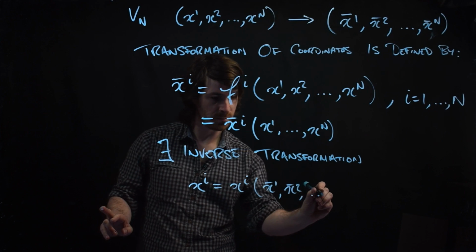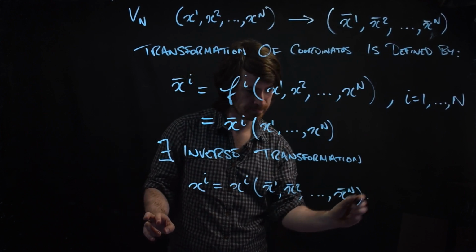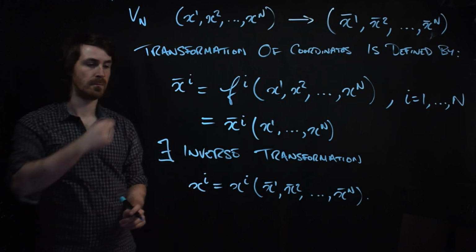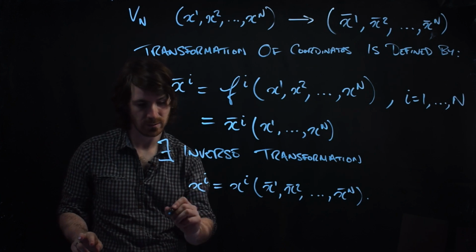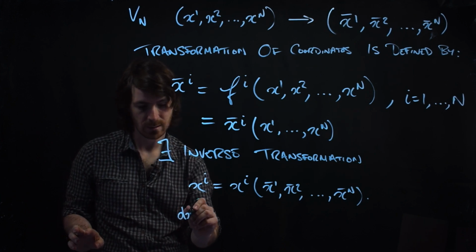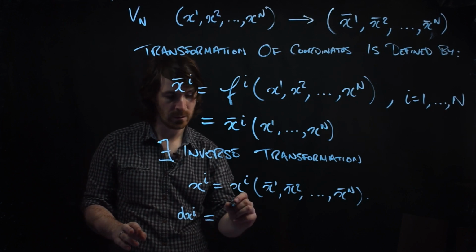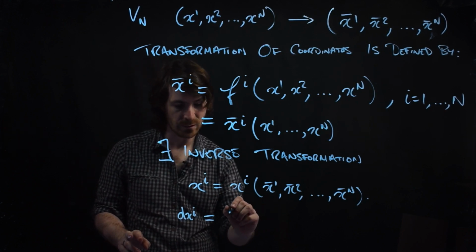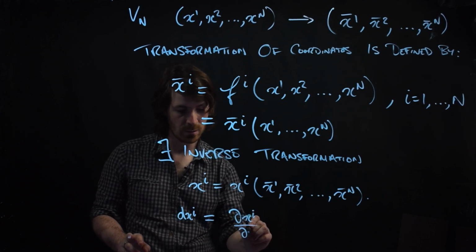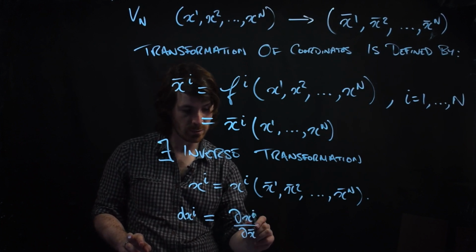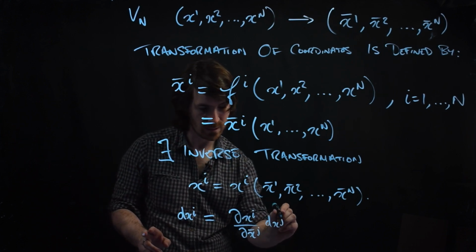x bar 2, x bar n. And if we think about, say, a small change in this coordinate, dxi, then if we apply the chain rule, this will be the partial derivative of that coordinate with respect to the barred coordinate j, with a dx bar j.